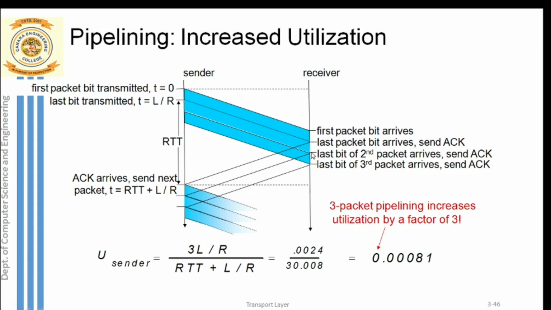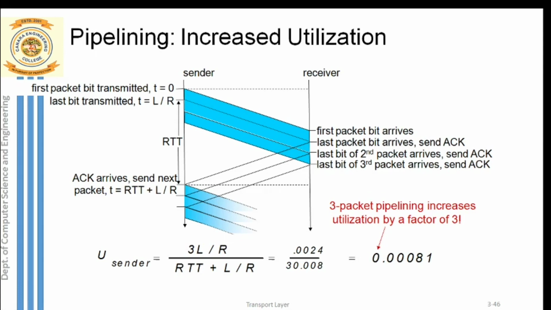Immediately after the acknowledgement for the second packet is received, the sender prepares to send the fifth packet. Similarly, the sixth packet is transmitted from the sender to the receiver. So this is how multiple packets are transmitted from sender to receiver.